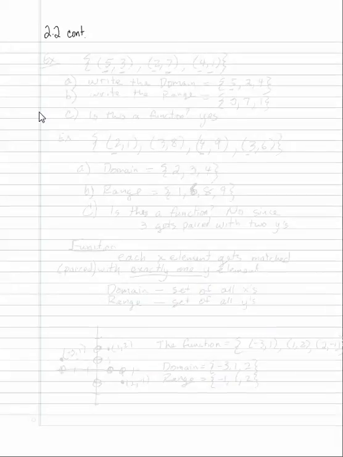Okay, another way we can represent a relation between two sets is using sets of ordered pairs. So if I have (5, 3), (2, 7), (4, 1), okay, determine the domain.